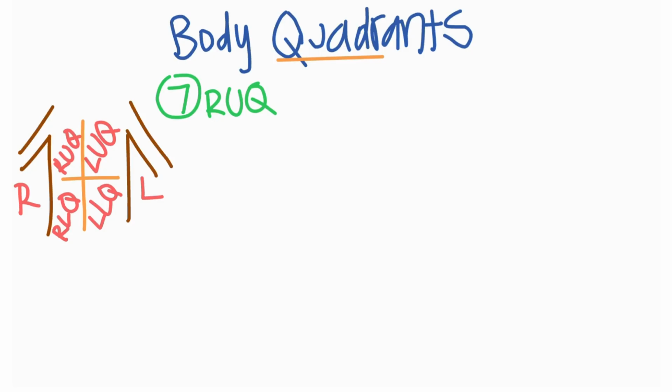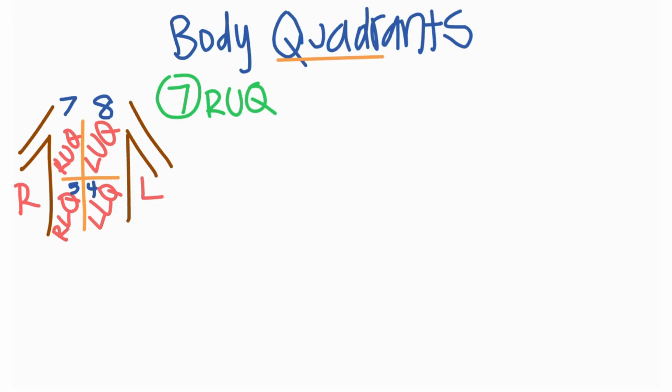There's different ways that these are numbered, but there's going to be 7, 8, 5, and 4 organs. Now in the right upper quadrant, there are 7 organs. So let's label each of them.